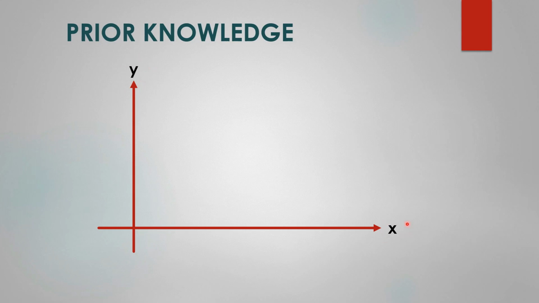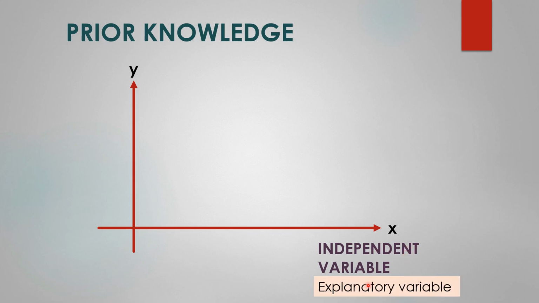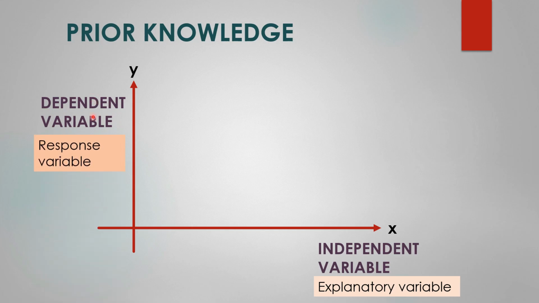The x variable is our independent variable, in other words, the explanatory variable. The y-axis is the dependent variable, in other words, the response variable.